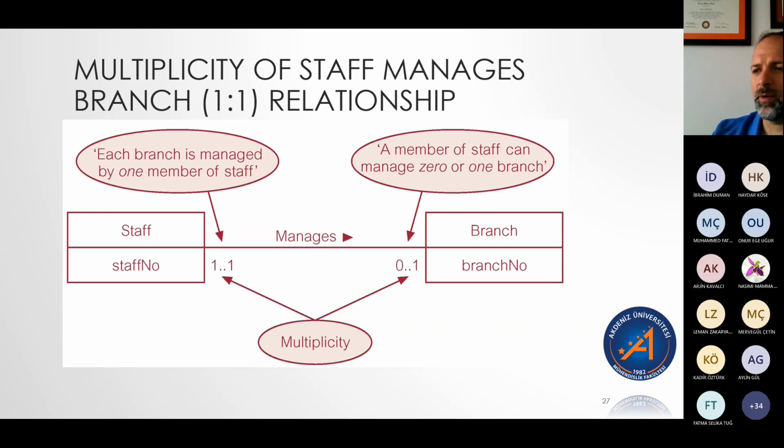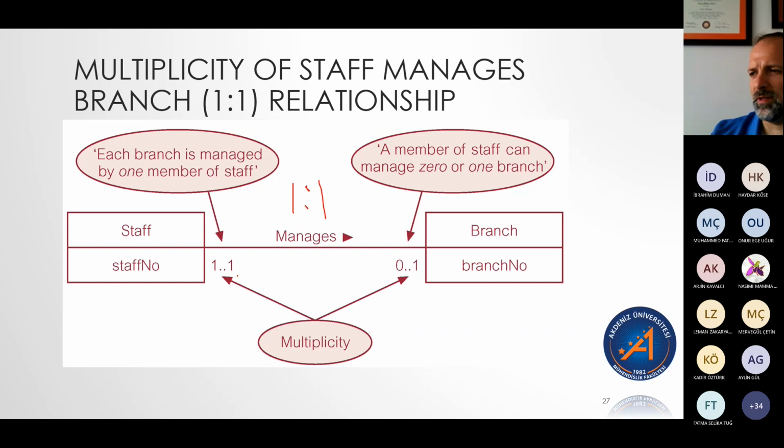But this is where we get to those dots side by side. So the way we read this is that staff has a one-to-one relationship with branch called manages. Okay, so we call this a one-to-one relationship.